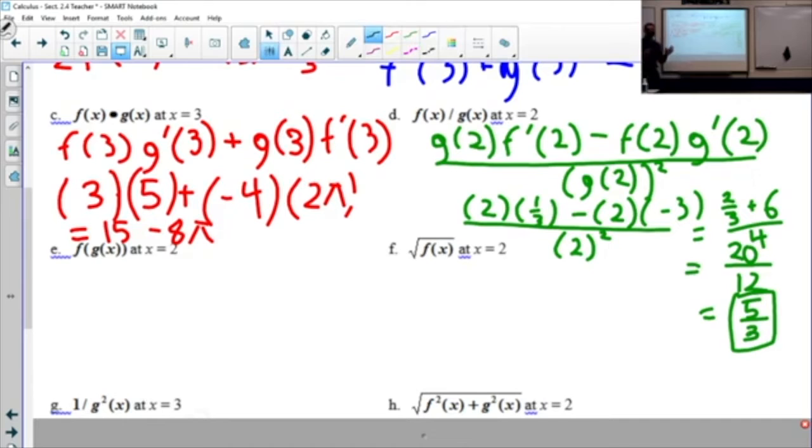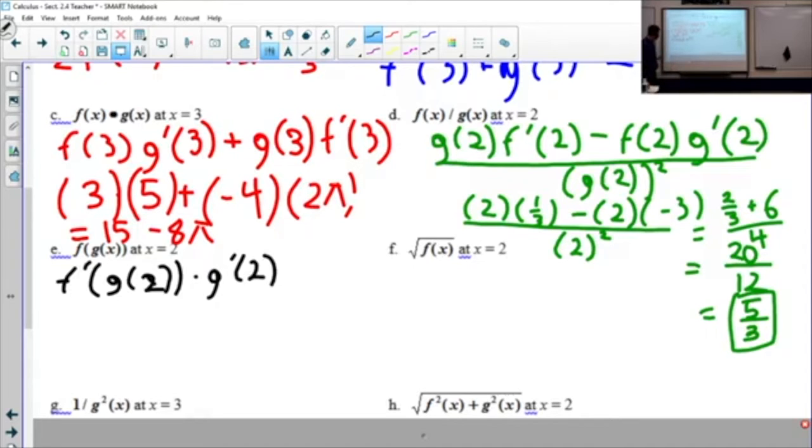Next one, here's where we get to the chain rule. Because our function here is f of g of x, we want the outside derivative of the inside function times the derivative of the inside part, g prime of 2. So let's figure out what that is.